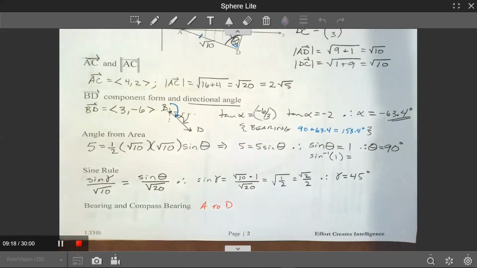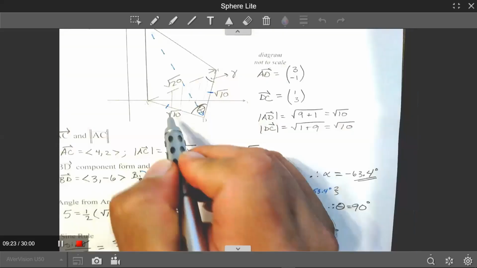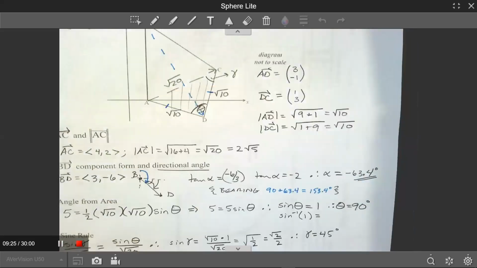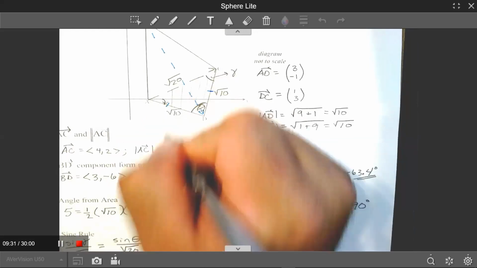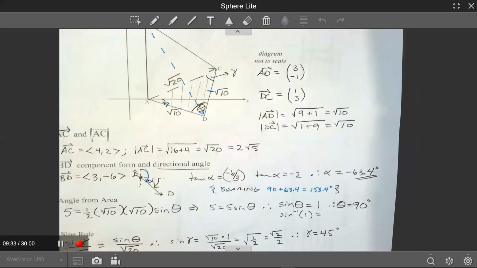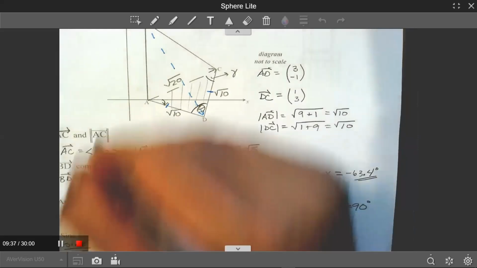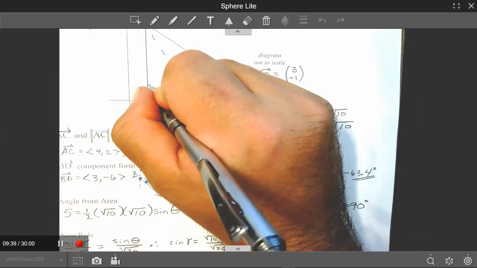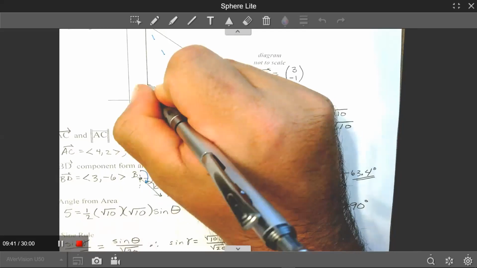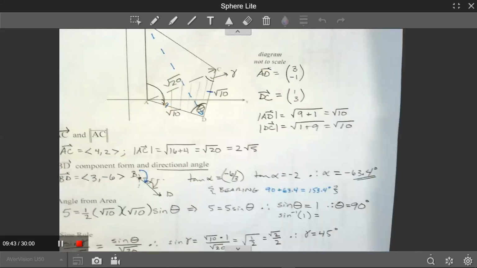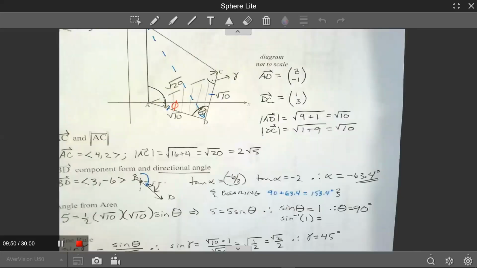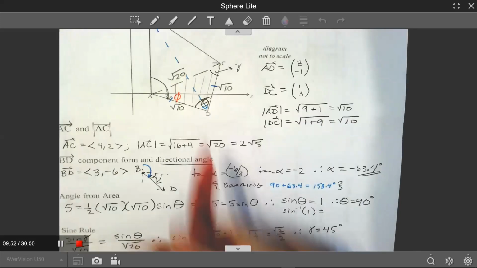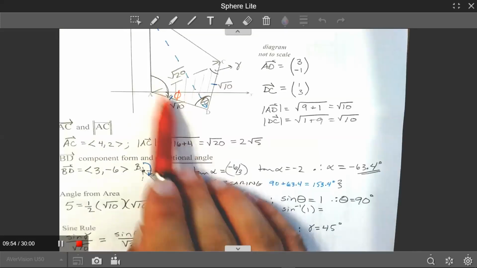Here is our graph, going from A to D. If I want to know my angle, I could find this directional angle right over here, and I could also find the bearing, which would be the entire angle. So let's call this angle right in there phi, because we know that the bearing is going to end up being 90 degrees plus that phi.